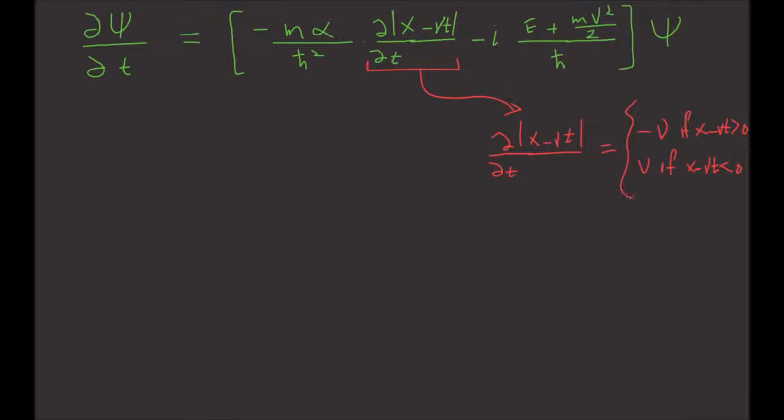So this piece makes things a little bit more messy, but if you remember from video number 22, we took a look at the step function theta of x, and we defined it to be 1 if x is positive, and it's 0 if x is negative, right? So now we also showed that the x derivative of theta is equal to a delta function.